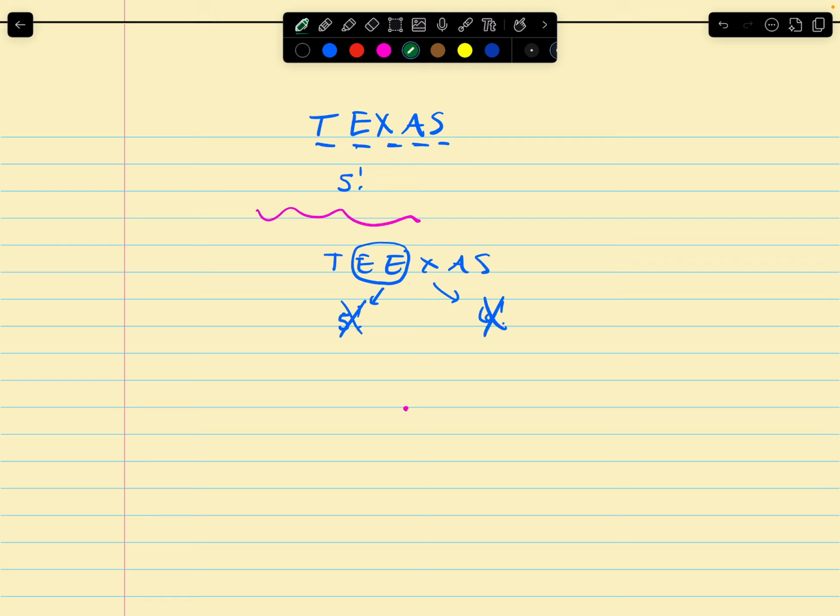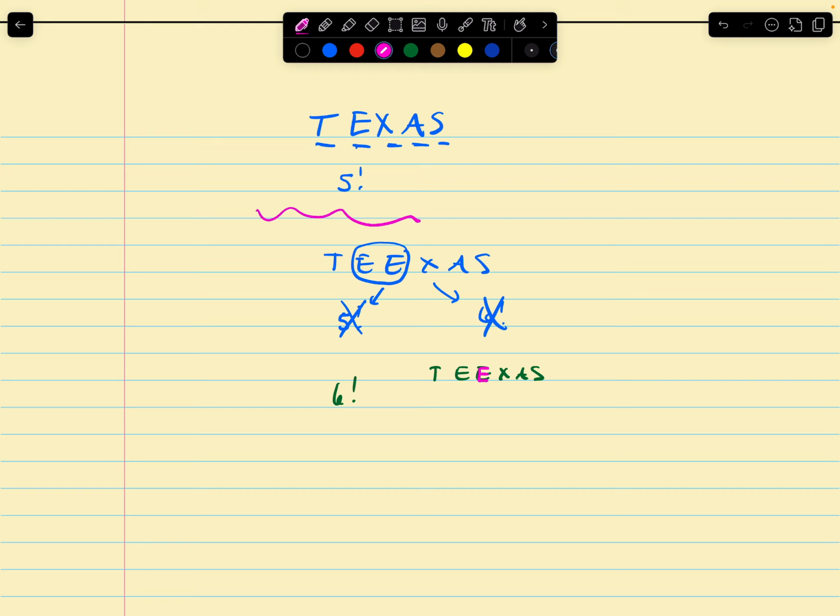So let's see if we did do 6 factorial. We know that that's overcounting our arrangements because we have this double letter. And let's see exactly how it's overcounting. So, for example, if this was our arrangement, and even though the E's are indistinguishable, let's pretend like we ourselves can see which one's which.